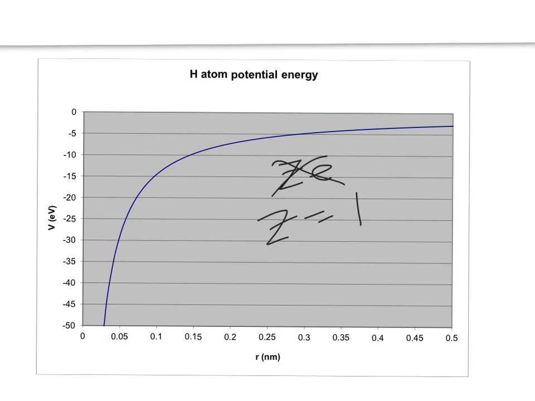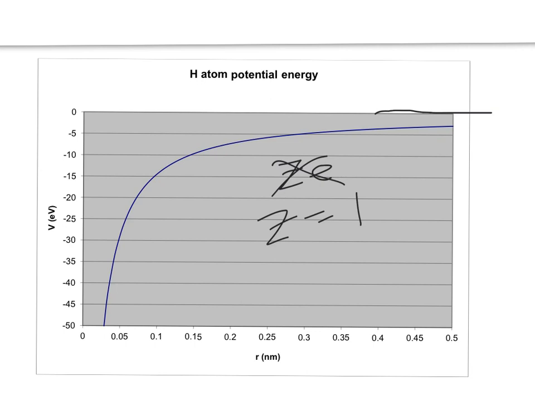A potential energy of 0 up here represents the two particles being separated from each other, as it approaches 0. And at any distance less than infinity, the electron and the proton have negative potential energy.